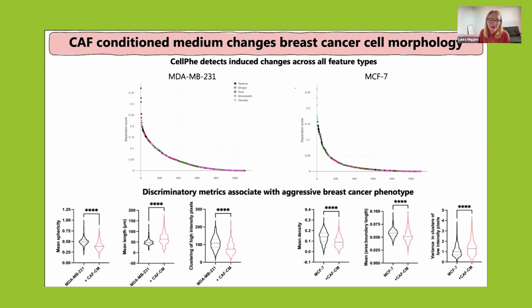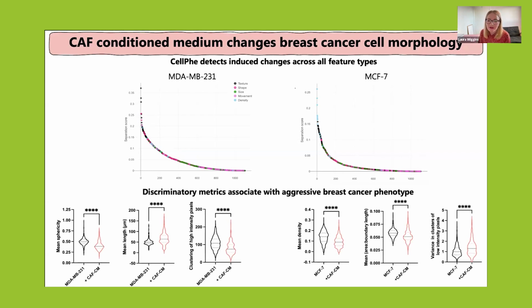Some of the ones that are interesting to look at are things like sphericity. Cells became a lot less spherical when they'd been treated with CAF-conditioned medium. They became a lot more elongated in shape, which is a phenotype associated with mesenchymal cells, which is a more aggressive type of cancer cell.